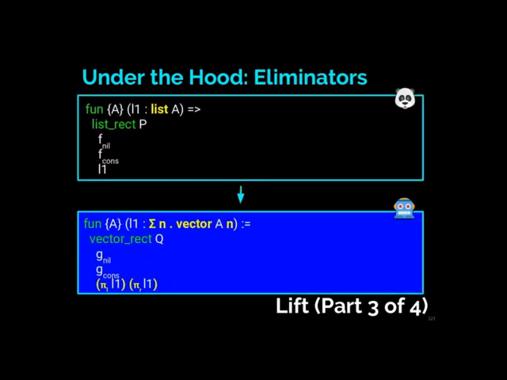Now, I won't go into too much detail about other functions, and you can read more about these in the paper. This is just for time constraints. But just one note about how we handle eliminators or induction principles, because this really showcases where ornaments shine. We're able to lift eliminators directly. We're able to port our old eliminator, like listrect, to a new eliminator, like vectorrect.